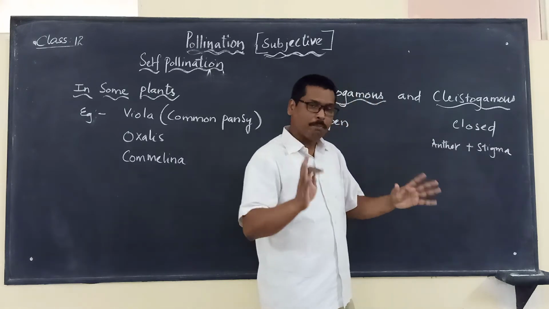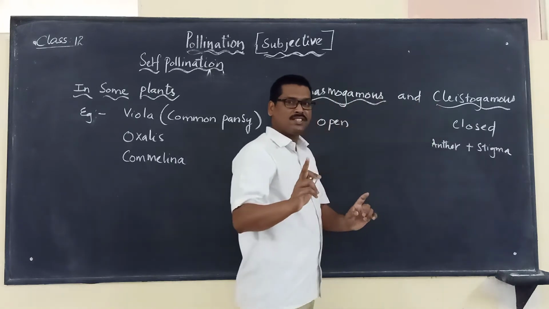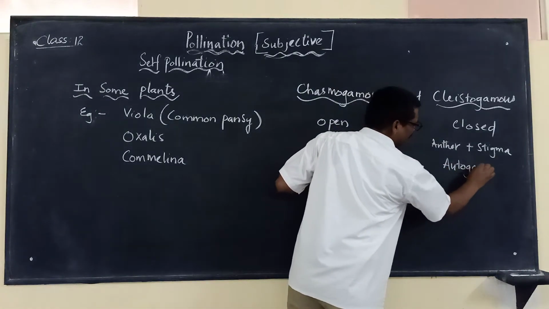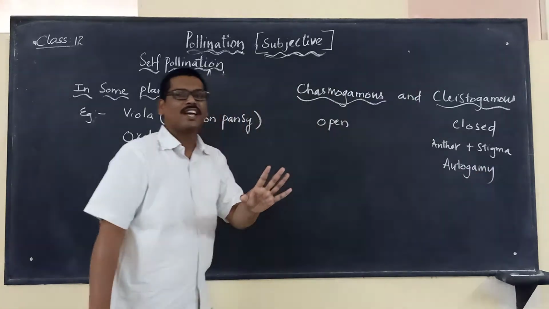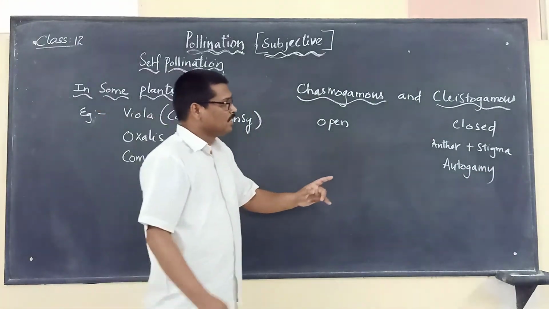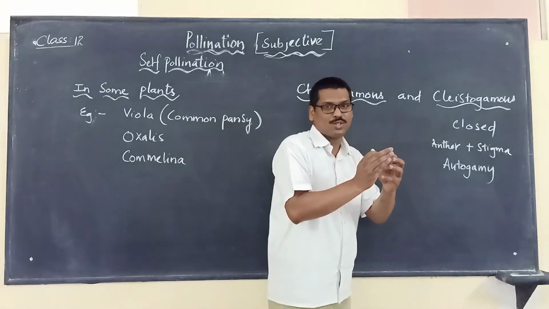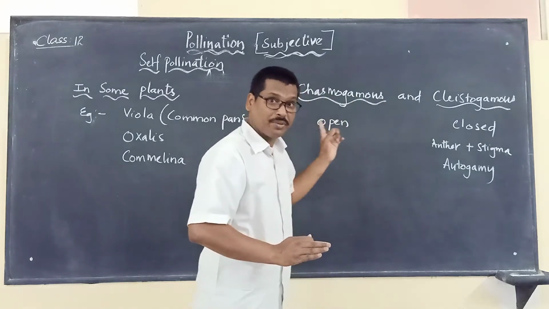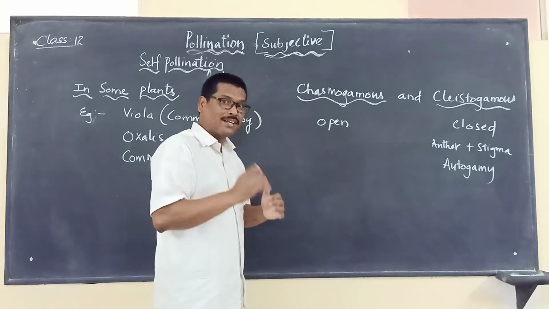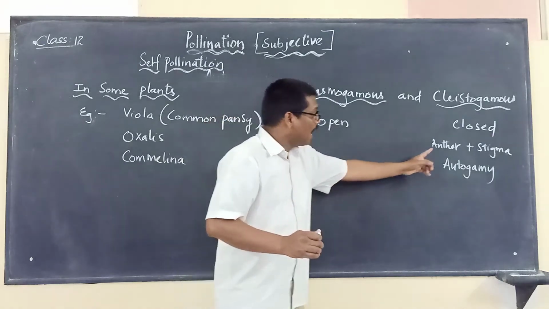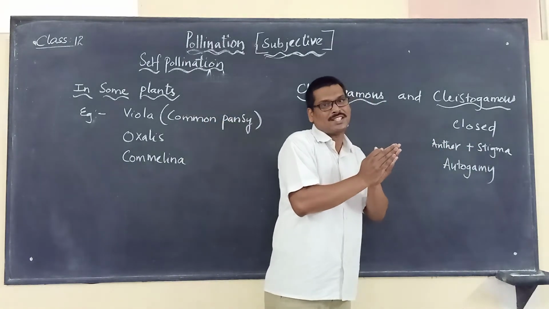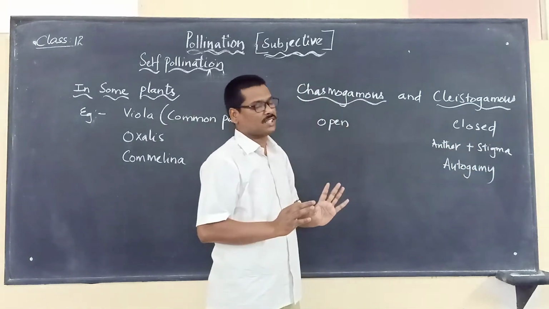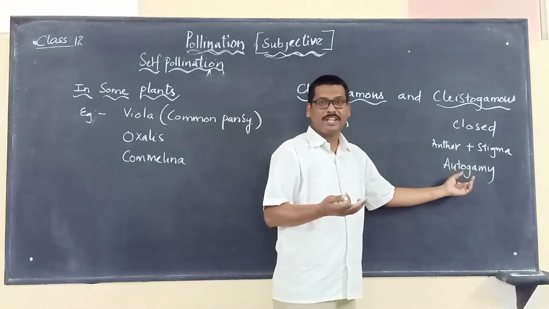Due to this, compulsorily, in the cleistogamous flowers, autogamy only takes place, because the flowers are always kept closed and the anther and the stigma are always very close to each other. In the previous part we said that for autogamy to occur, the anther and the stigma should lie very close to each other. So here they are lying very close, and that's why autogamy compulsorily takes place.